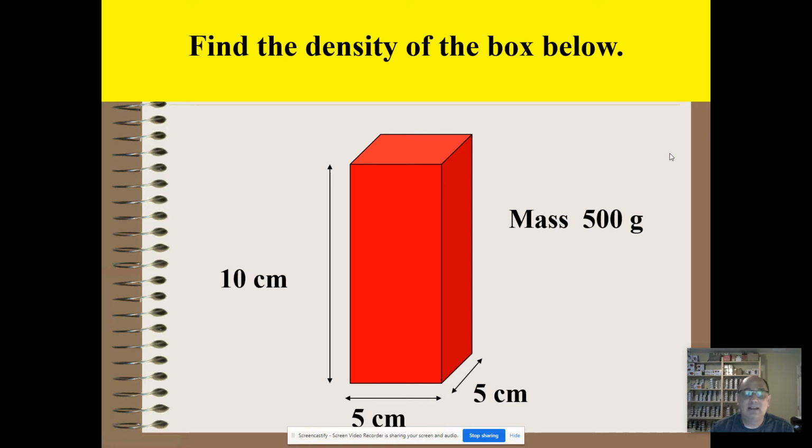So density is how much matter takes up a certain amount of space. So if I'm looking at this and we come up with that formula, we have 10 as a length, the width is 5 centimeters, and the height is 5 centimeters, or however this is placed.